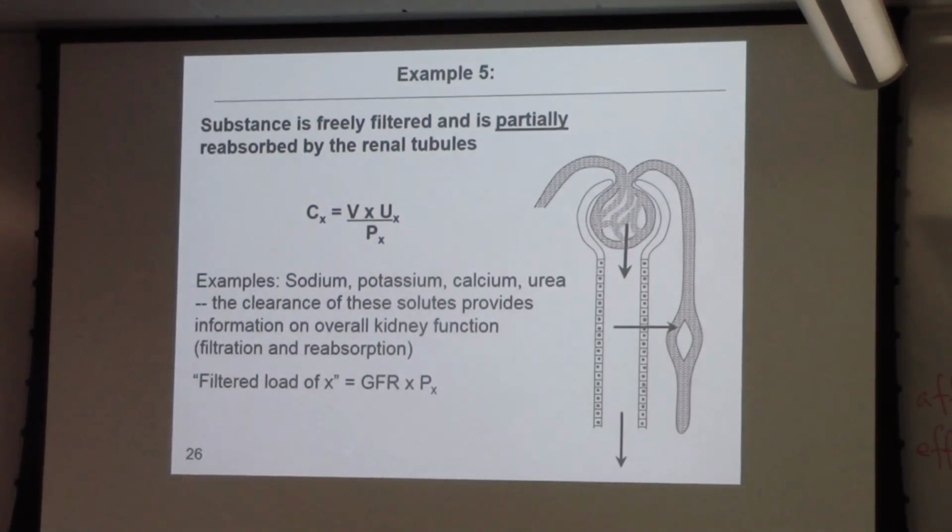Okay, so most of the things that you urinate have clearance, and the clearance of that substance is simply defined by the clearance equation. Is the clearance of sodium likely to be greater or less than GFR?